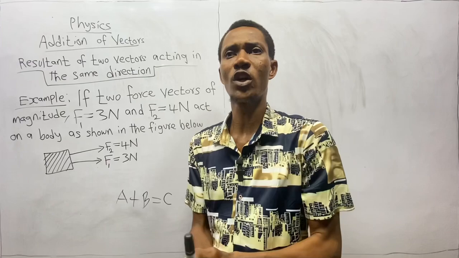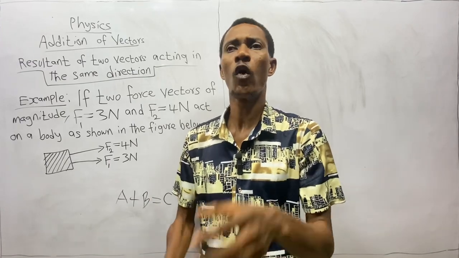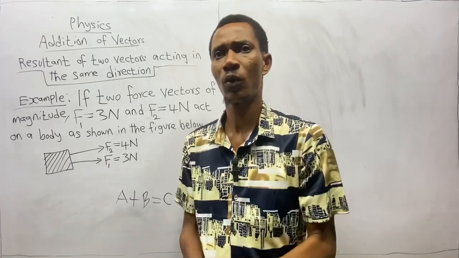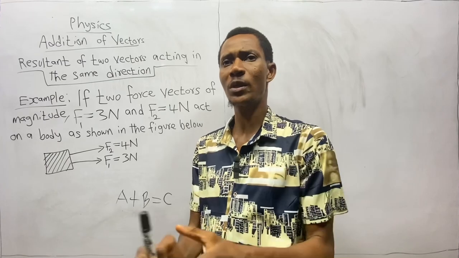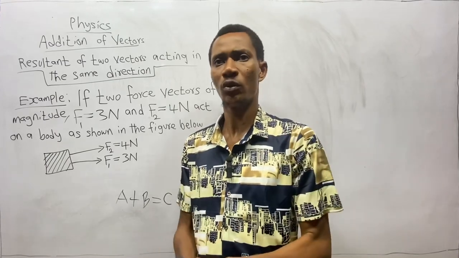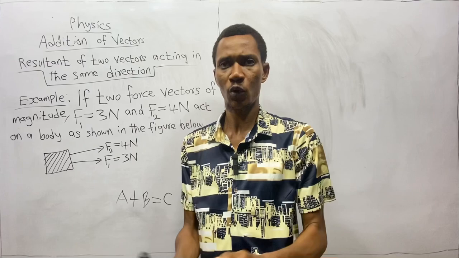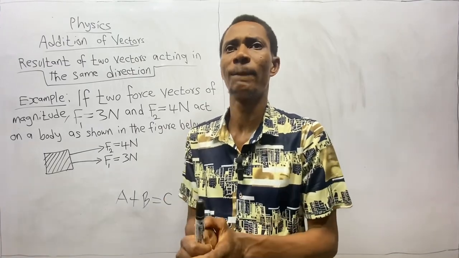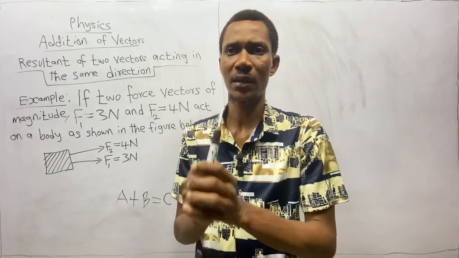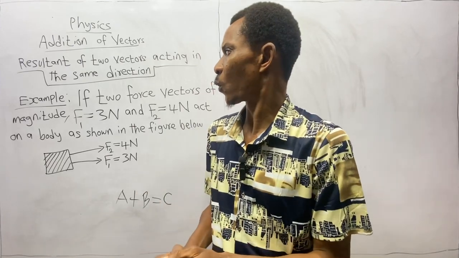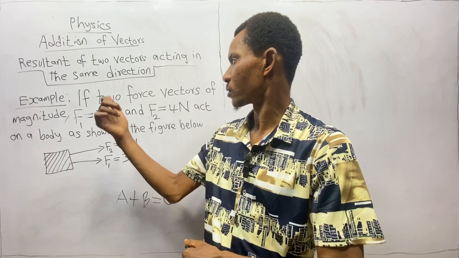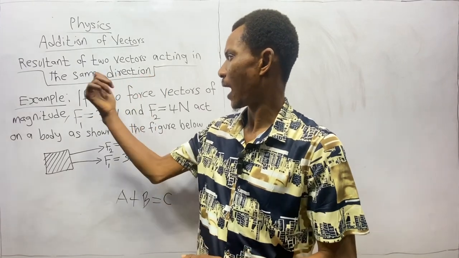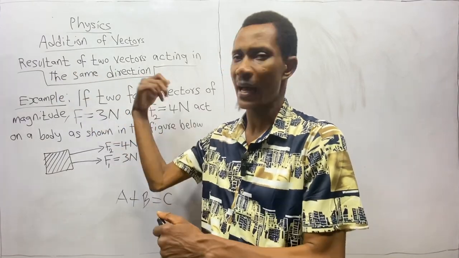The conditions and procedures for obtaining a resultant vector depend on the possible directions in which the vectors act on a body. So the first condition we'll be looking at is when the two vectors are acting in the same direction.